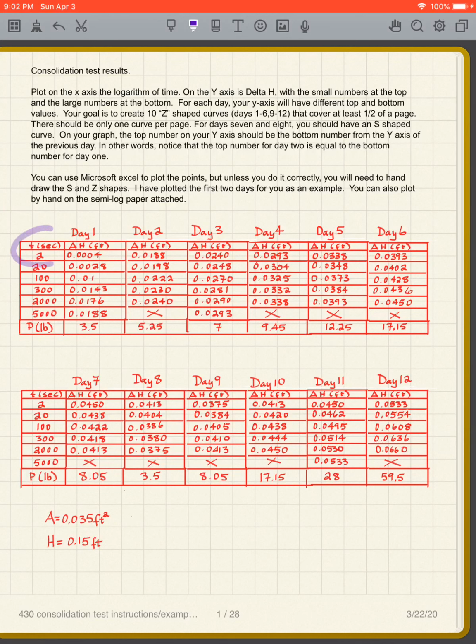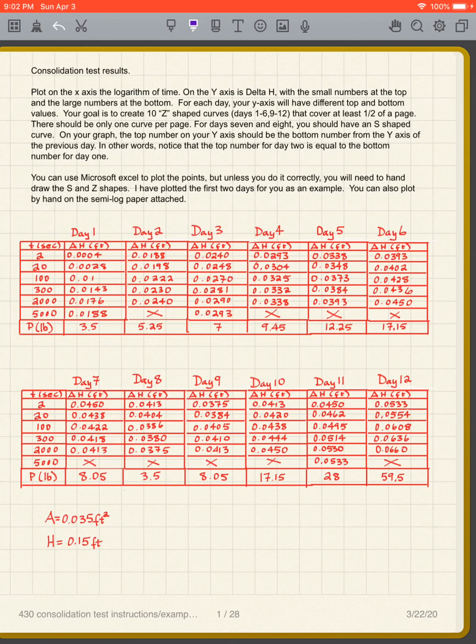So we have time, in this case we're going to use seconds, and delta H in feet. And so in that sense, the data that you're recording is extremely basic. But to reduce the data and get the soil properties that we want is a little bit complicated, and that's why I'm making this video so that it makes some sense to you.